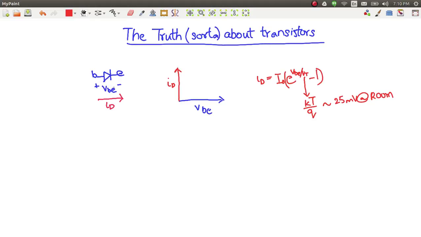So what you get is that initially the current is very small, but then after some voltage it starts blowing up exponentially, and usually this voltage is around 0.6 volts. Well, I should have put that in blue, but okay.